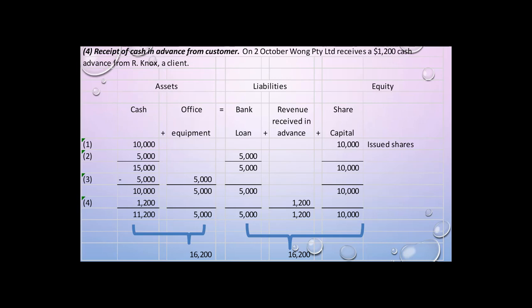We haven't performed it, so that is an obligation, which is under the liability section. So that will be 1,200 on the liability side, and the account title we use will be revenue received in advance. Now, if you total the assets, cash and office equipment, we have 16,200. Liabilities and equity, if you combine, we have 16,200. Again, still balanced.